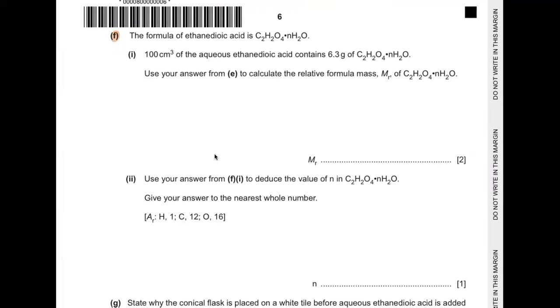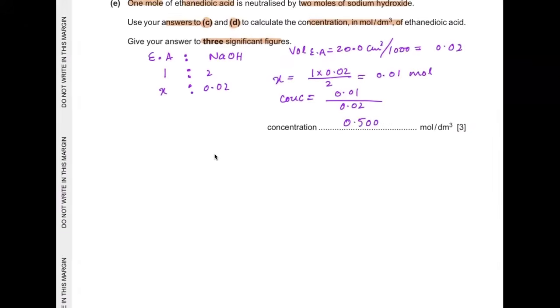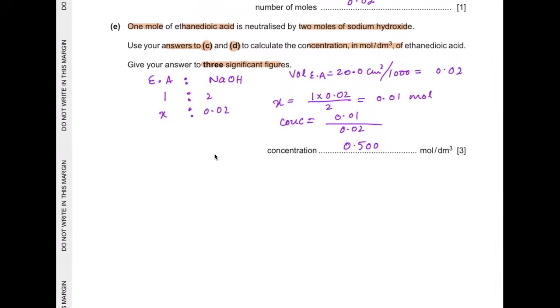Part F. The formula of ethane dioic acid is C2H2O4.nH2O. 100 centimeter cube of aqueous ethane dioic acid contains 6.3 grams of this whole thing. Use your answer to E to calculate the relative MR of hydrated ethane dioic acid. So in E, we got the concentration.